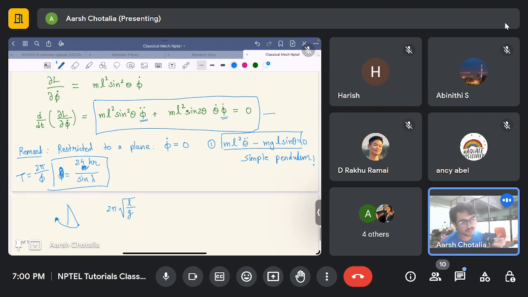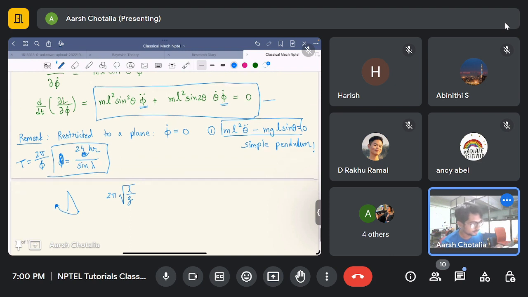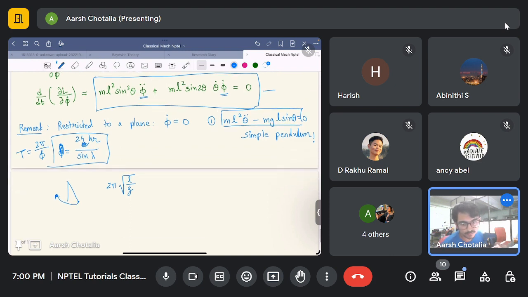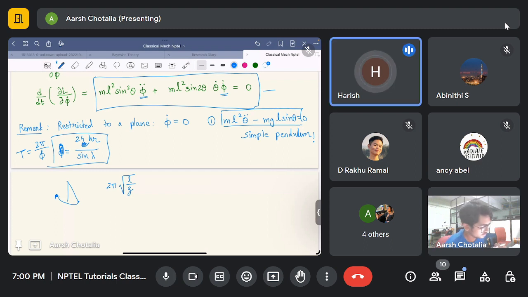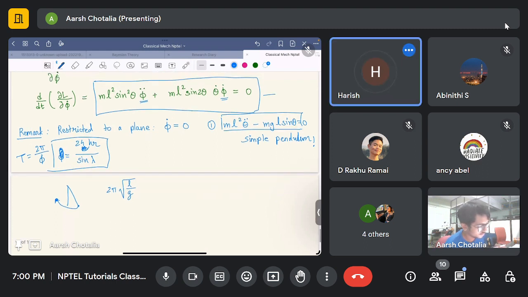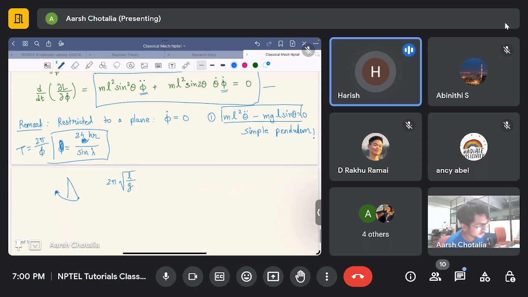Let's say that phi dot varies very slowly compared to theta dot. That is something for the future if you ever go to the nonlinear dynamics side of physics, you will see this.